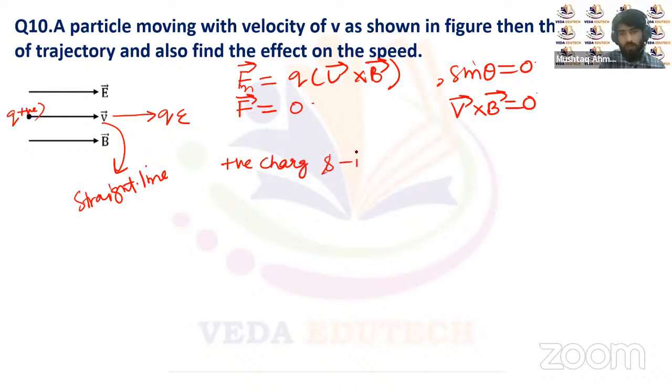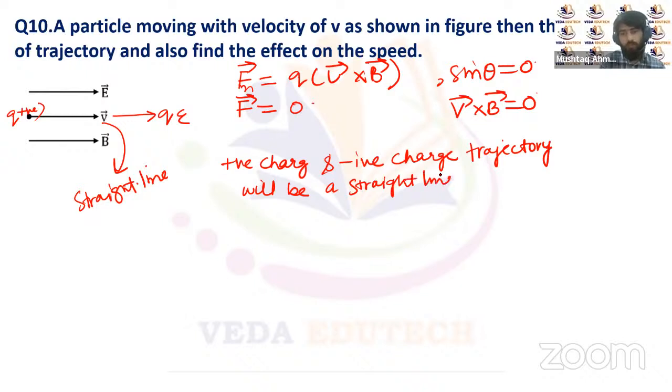For positive charge and negative charge, the trajectory will be a straight line. But for positive charge, since the force is along the direction of the velocity, the speed increases.